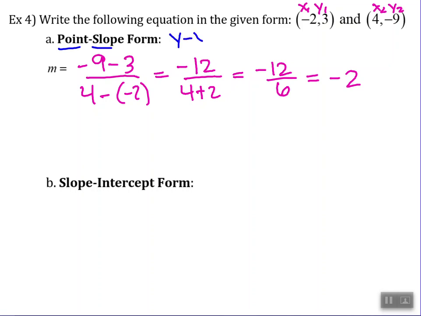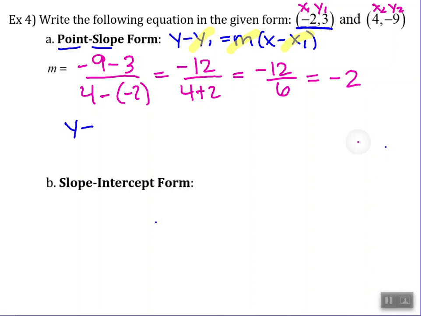Okay. So now, again, it's point slope form. Remember, that's my y minus y1 equals m(x minus x1). And I'm replacing y1, m, and x1. So here you have a choice. I can choose this first point or the second point. I like to choose the first point.